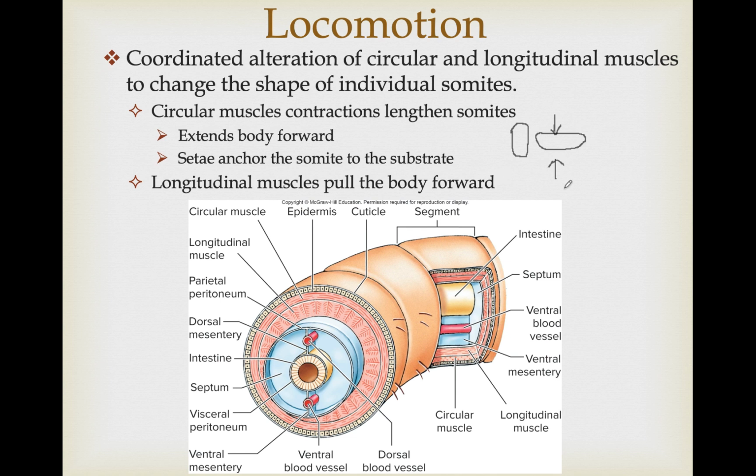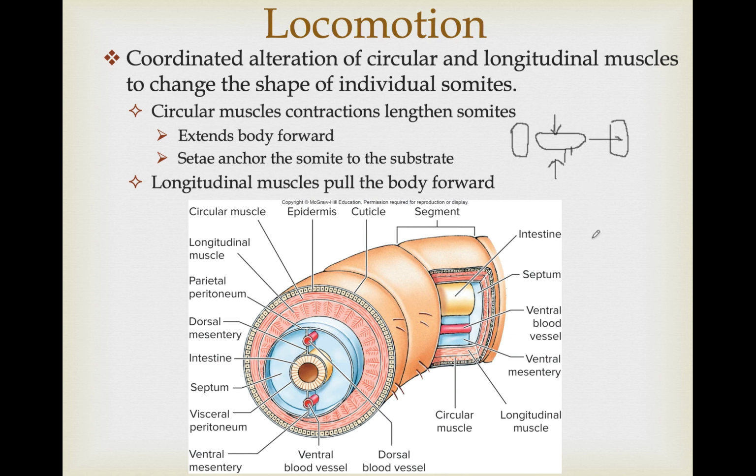Well, then the next thing that would happen is the longitudinal muscles would pull this forward. So then the setae on this could extend and attach to the substrate, right, and grab hold of the substrate. Then the longitudinal muscle would contract, and that would form it back into this shape. But see, what it would do is it would drag it forward based off of that anchor.